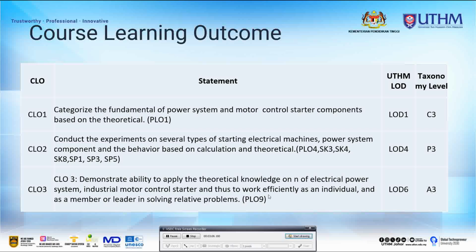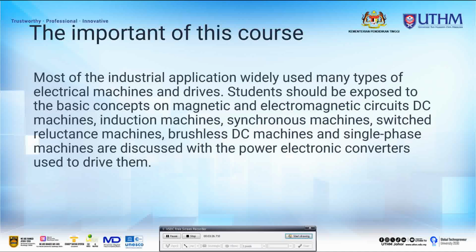So on this part, we look into your ability to work in the team as well as individually, and then how you solve the problem related to this electrical power system.